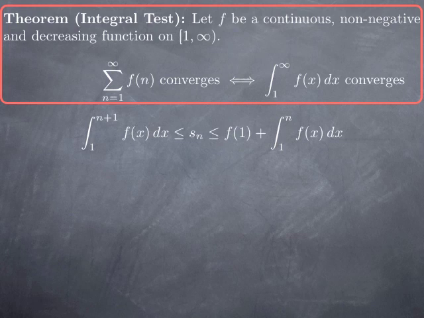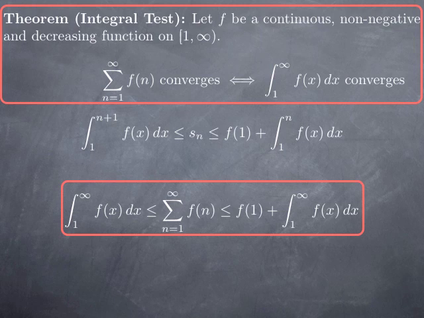Now, one of the tools we used to reach this conclusion was these inequalities. And you see that if we assume that we're in the case where the series is convergent thanks to the integral test, in other words, the improper integral of f is converging, then when we pass to the limit as n goes to infinity in these inequalities, we obtain that the series is in between the integral of f from 1 to infinity and the integral of f plus the value of f at 1.